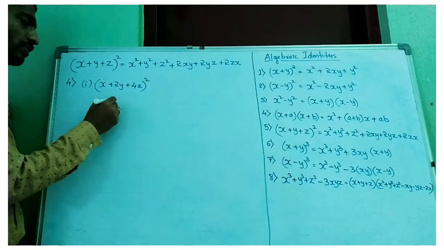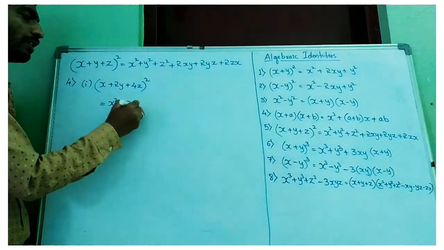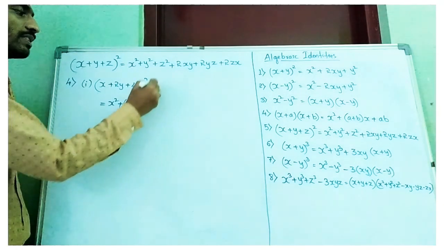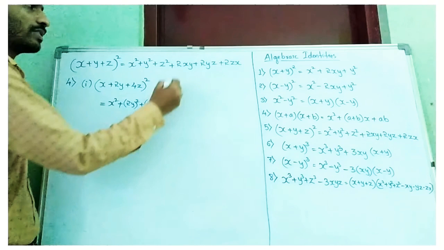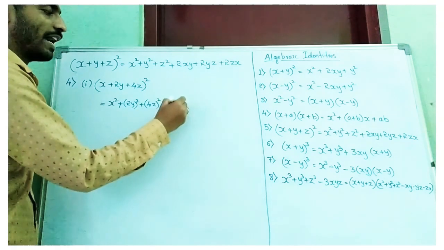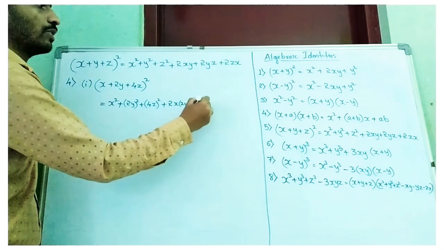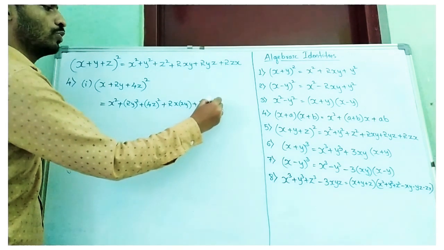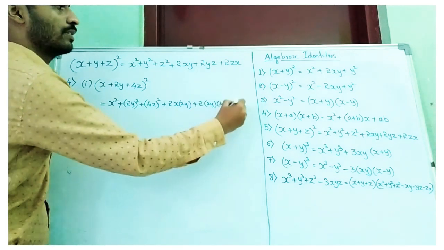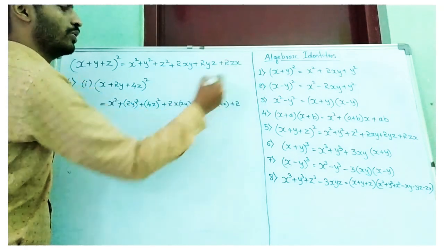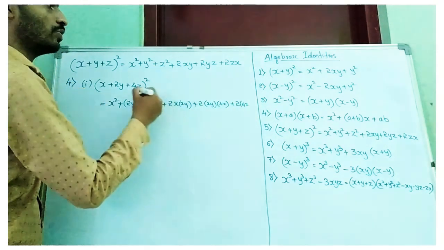X square is there, so keep x square like that only. Y square means 2y whole square, plus z square means 4z whole square, plus 2 into x, y is 2y, plus 2y into 4z. Next plus 2 into z, z means 4z into x.